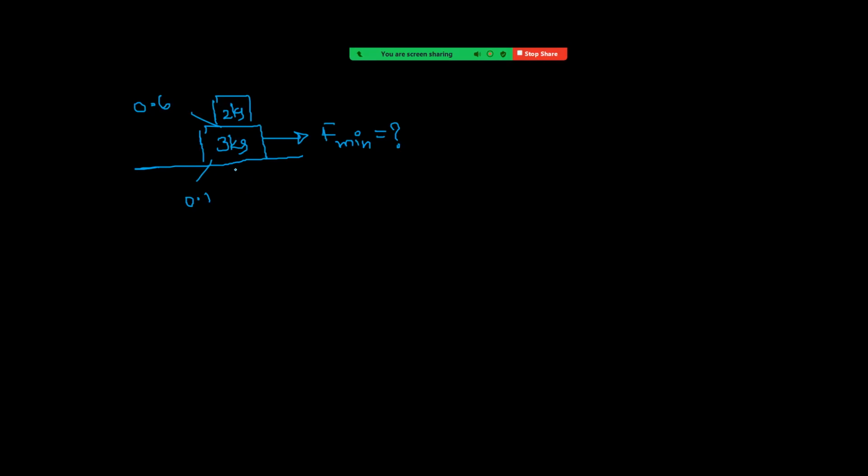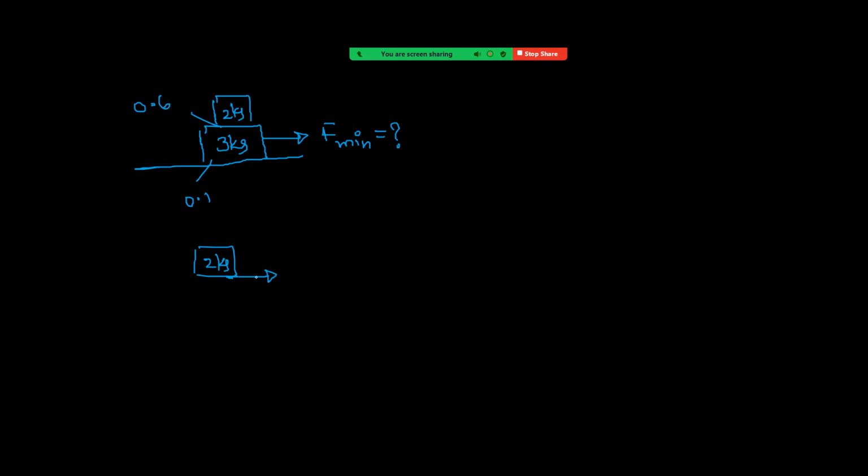Let us draw the free body diagram once again. First, I'm focusing on the 2 kg block. The 2 kg block moves only because of friction. When slipping starts, friction will be the limiting value, so I'm taking the limiting value.